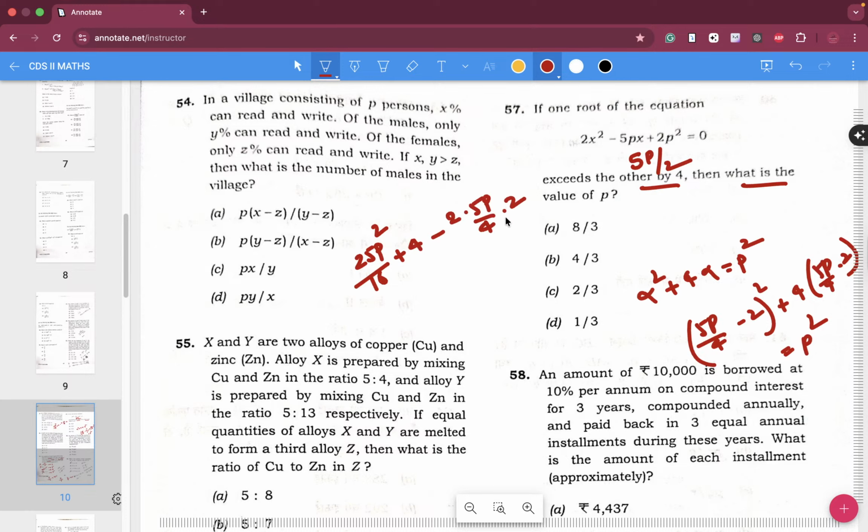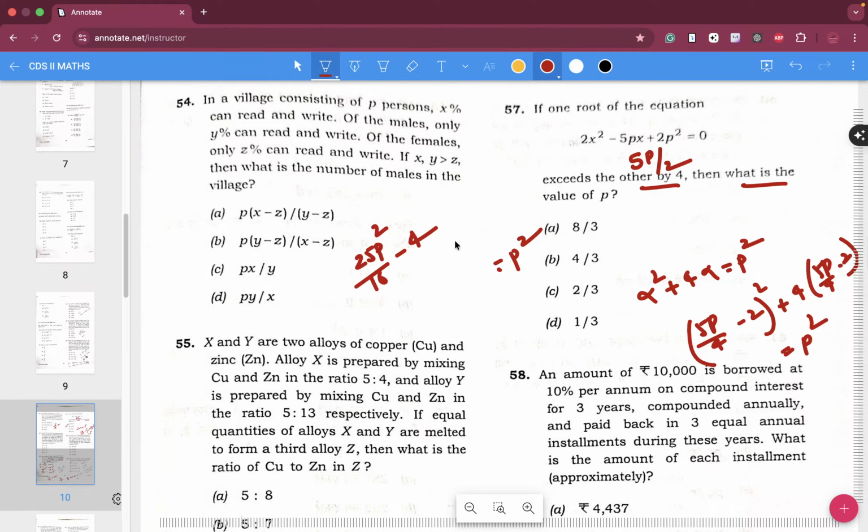Plus 5 into 4 is 20p by 4, and plus over here this is minus 8, is equal to p square. So this one and this one will cancel out, and this one and this one will cancel out to give you minus 4.